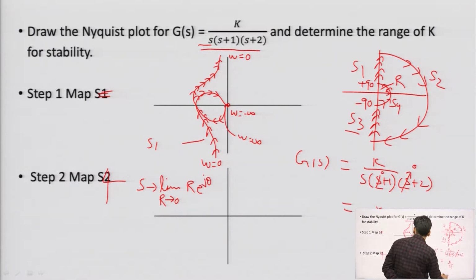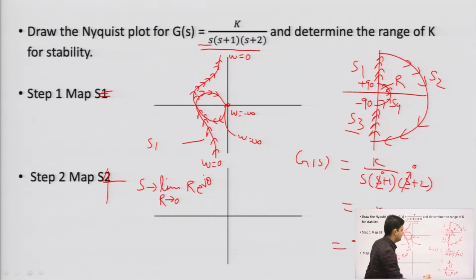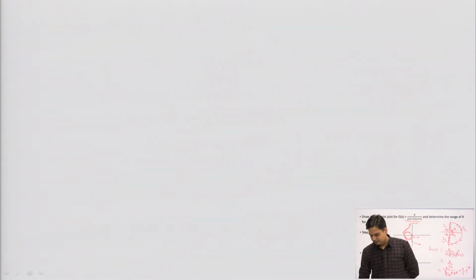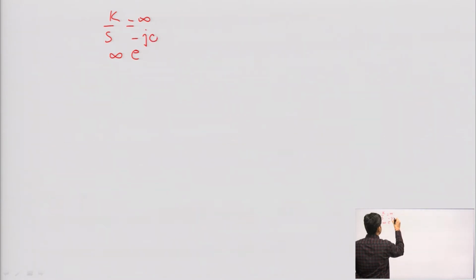I can assume 2 as a constant, so it would be k over 2 times limit r tends to 0, where s is given by r exponential of j theta. Here r is tending to 0, so this will make k by 0 exponential of minus j theta. k by 0 will give us infinity. So, my expression is equal to infinity exponential of minus j theta.